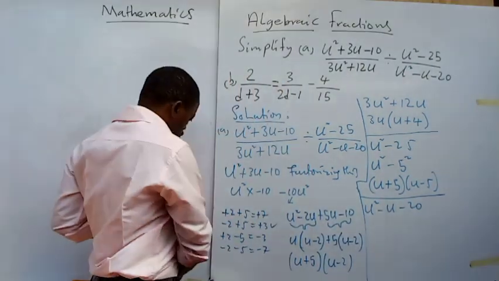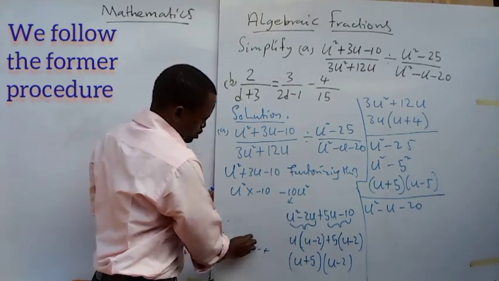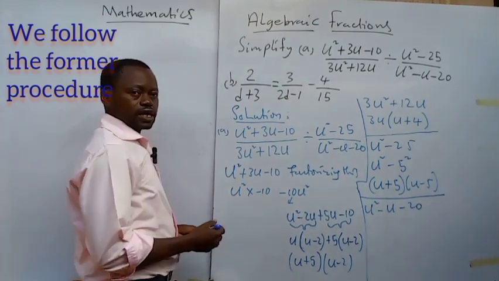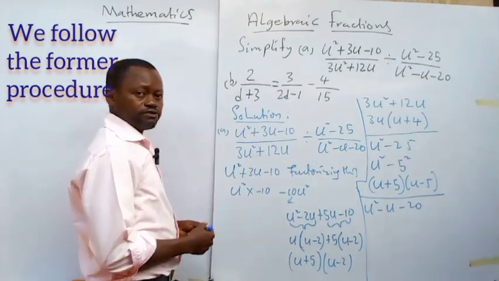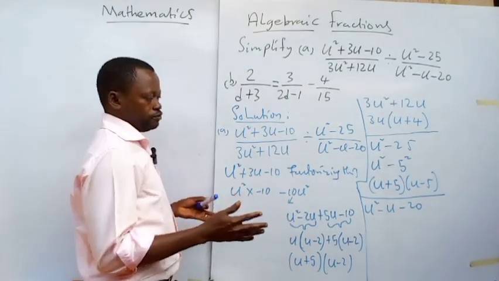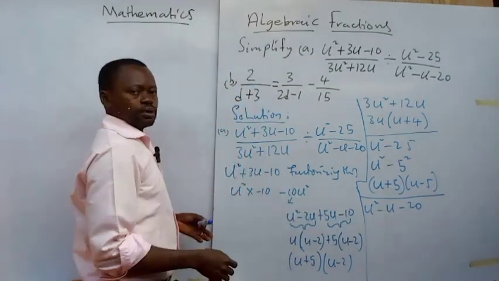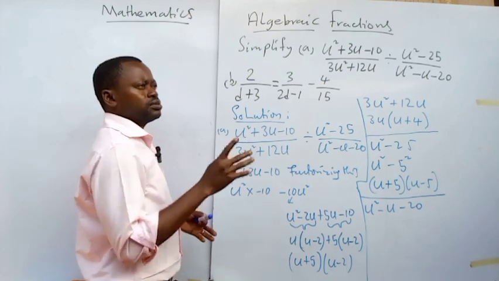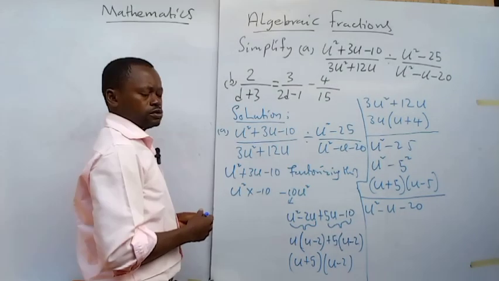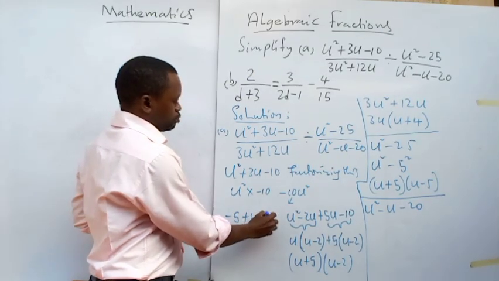So we now check which two factors of 20 can give us 1. I'm already seeing 5 and 4, because 5 times 4 is 20. And how can I make 5 and 4 become minus 1? You simply make the 5 have a minus sign and the 4 a positive sign, so that minus 5 plus 4 gives you minus 1.